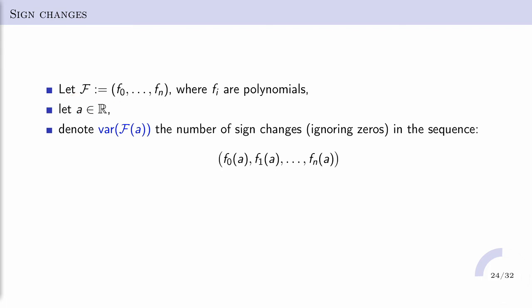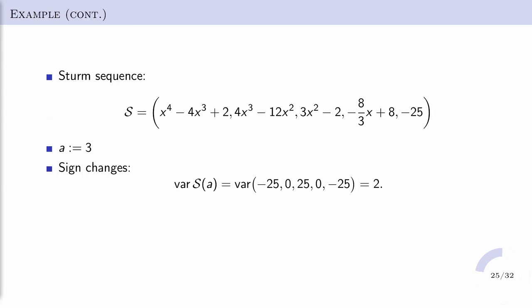Again, let me show an example. Actually, this will be the continuation of the previous example. In the previous example, we computed this Sturm sequence, and let us take a equal 3. If we evaluate every polynomial at 3, the first one, S0 at 3, is just 3 to the 4 minus 4 times 3 cubed plus 2.